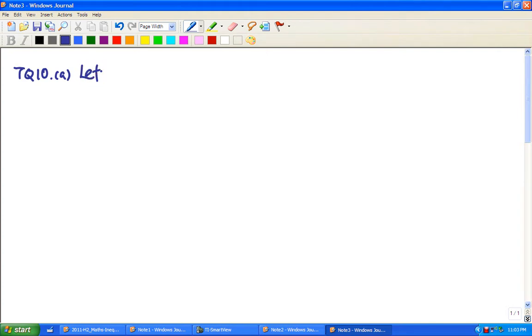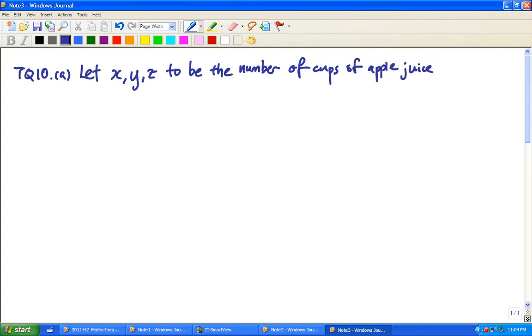Perhaps let us use our usual x, y, and z to be the number of cups of apple juice, mango freeze, and banana milkshake made respectively.